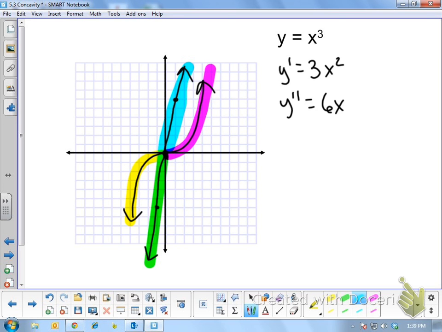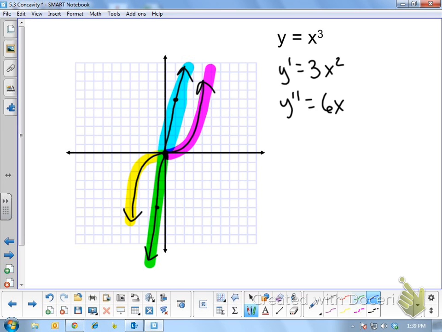Concave up or concave down? Concave down. So now we can associate something about this with concave down. So what did we say happened with f double prime on this same interval? We said this piece is negative.